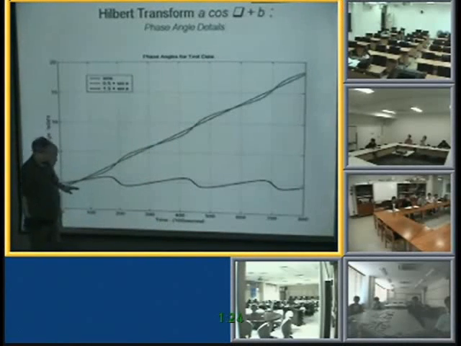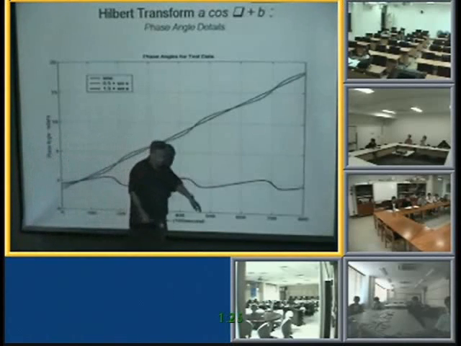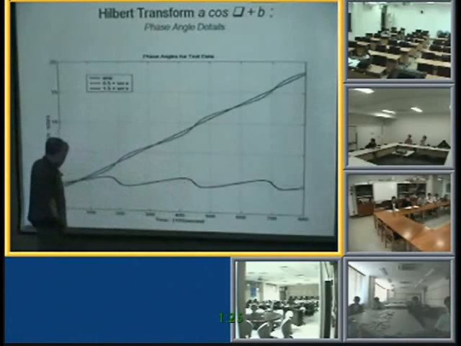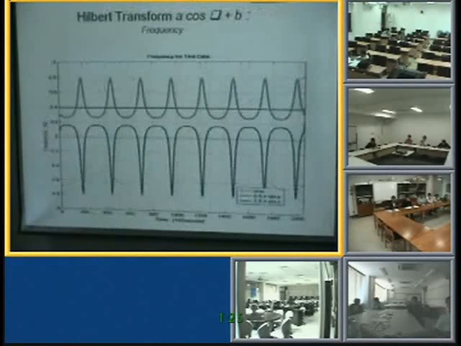The red line goes up and down, but never goes beyond 2 pi. So I have 3 different phase functions. If the phase function derivative is the frequency, then I will have 3 different frequencies. For the blue line, I have a constant.